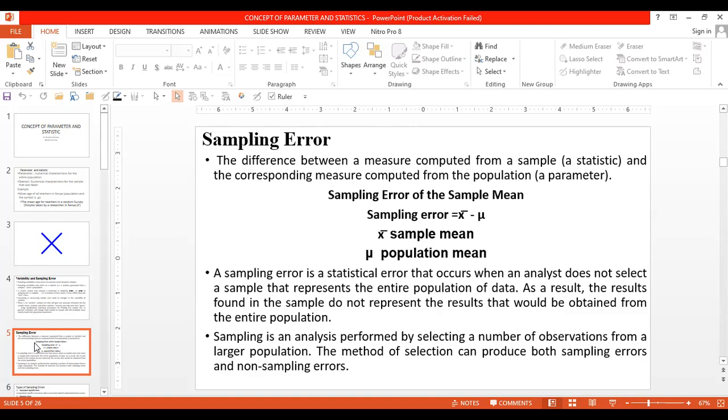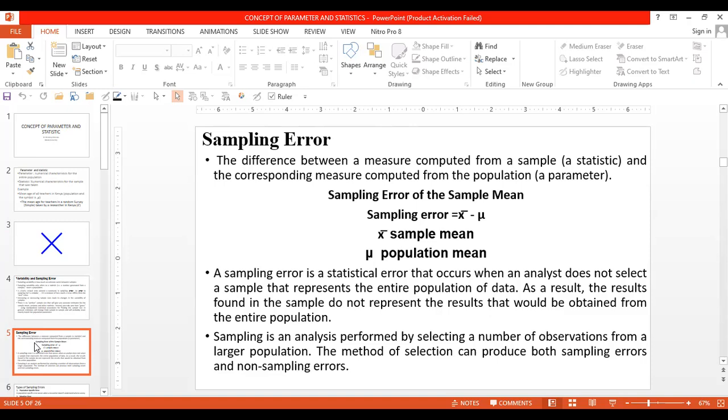And when I get the mean of those samples I've drawn, that is what we usually refer to as the sampling error of the sample mean, because there are several samples I'm taking from the population.